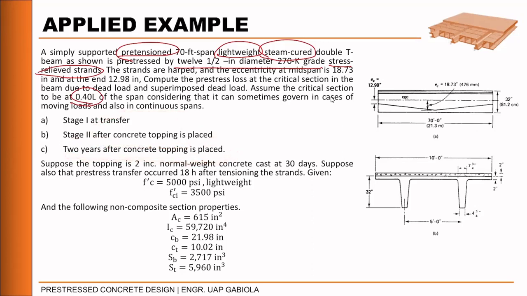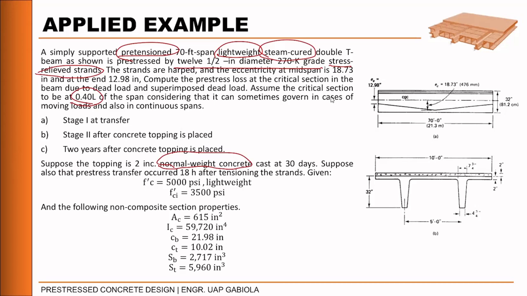Ba't nagkameron ng concrete topping? Nakalagay dito na, suppose that the topping is 2 inches, normal weight. So dito normal weight naman yung pinatong, no? Kanina lightweight siya, tapos yung ipinatong sa kanya, normal weight concrete. At 30 days, no? So after 30 days, matapos ikasa yung pre-stress member natin, naglagay ng normal weight concrete, yung para sa slab yan, no?